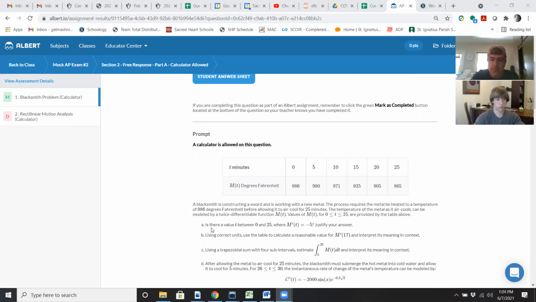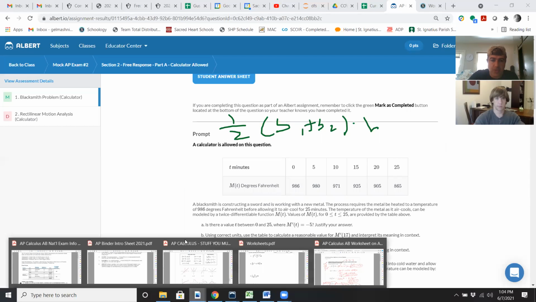For C, use a trapezoidal sum from 5 to 25. Trapezoidal just means you're doing something like a Riemann sum. The area of a trapezoid is 1/2 times B1 plus B2 times H. Again, that's something you should know cold.